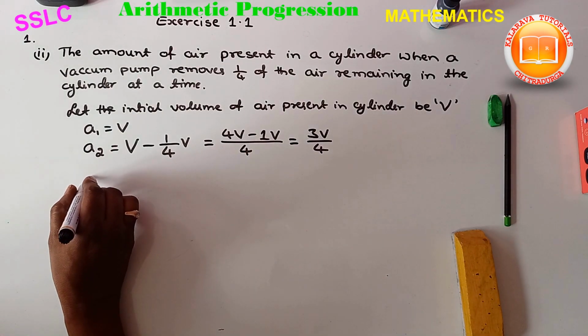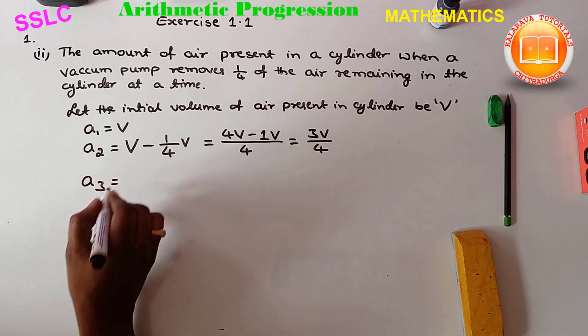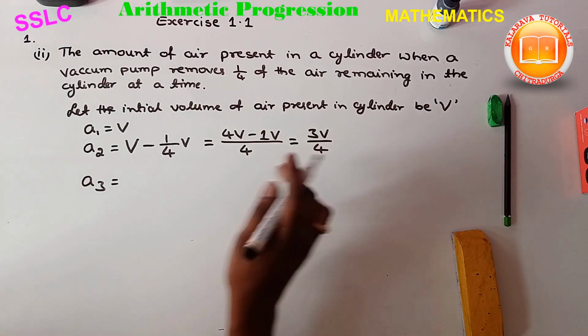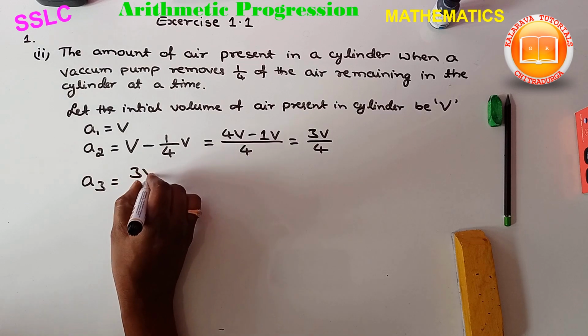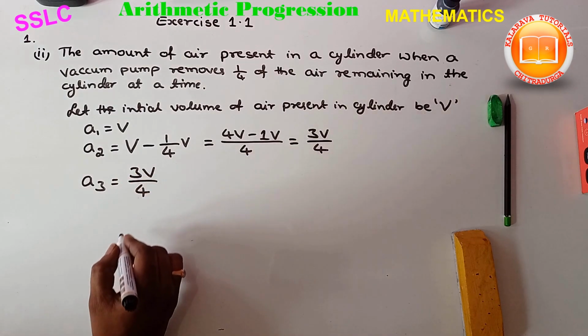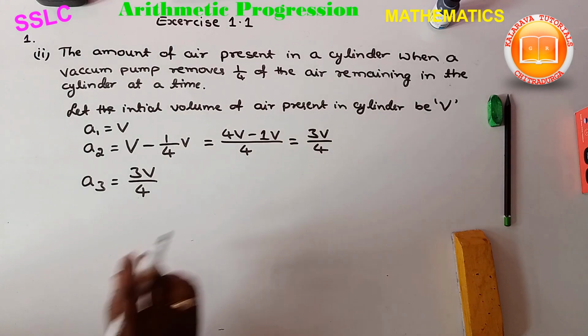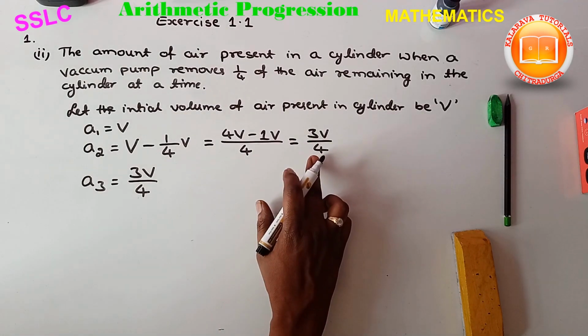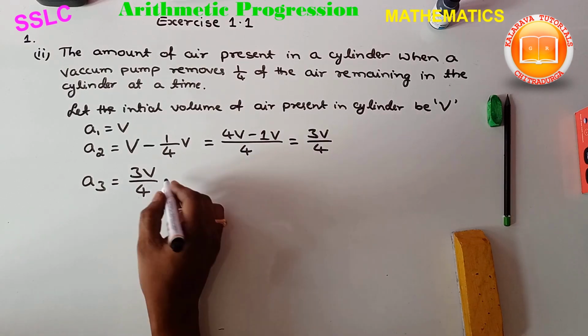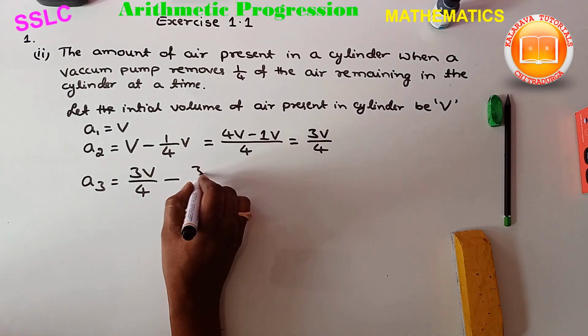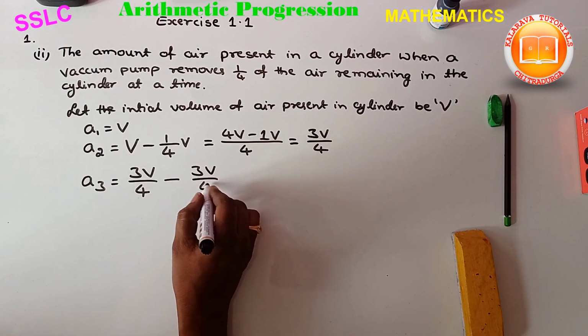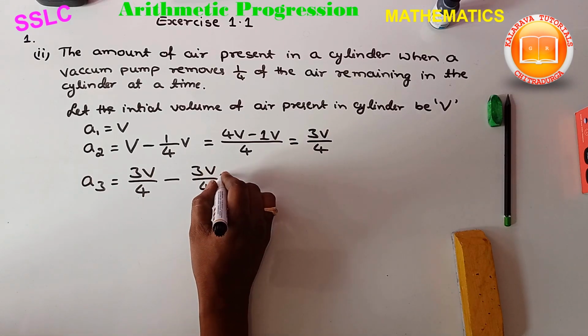For finding the third term, A3 is equal to the air in the cylinder now, which is 3V divided by 4. We have to subtract 1/4 of this volume, that is the air in the cylinder. So we take 3V and subtract 1/4 of this one.